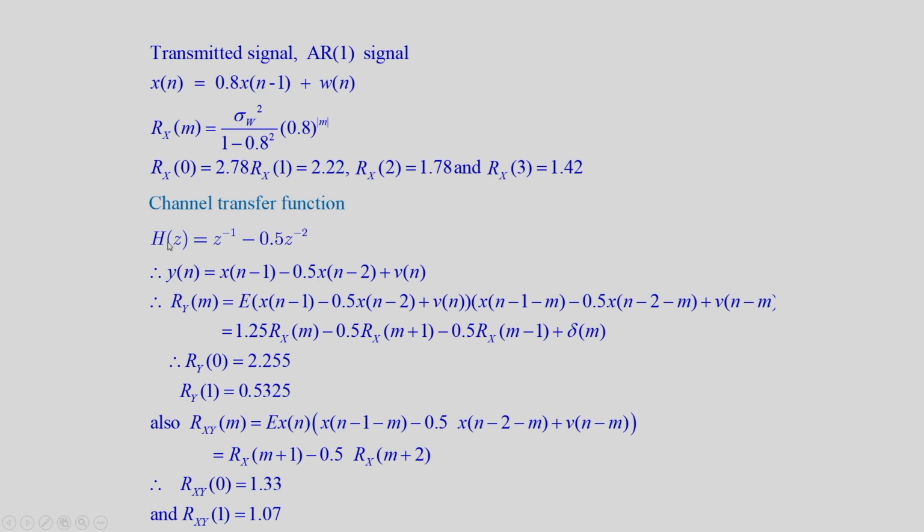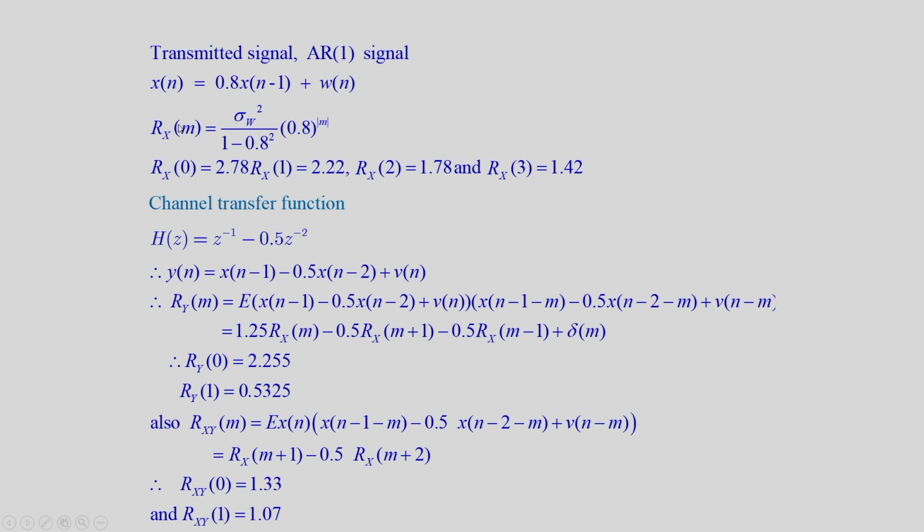Let us solve the problem. The transmitted signal is an AR(1) signal. What is this? x[n] = 0.8 x[n-1] + w[n]. Recall the AR model in our earlier lecture.